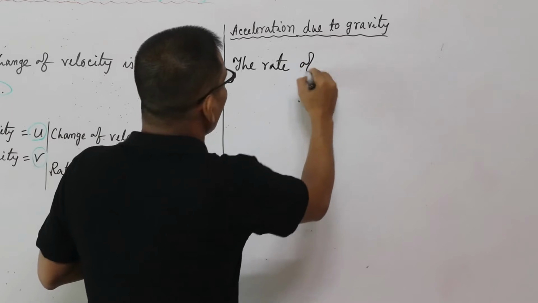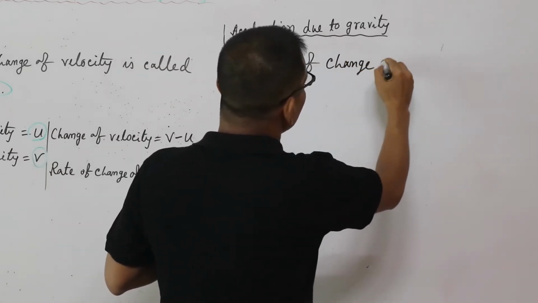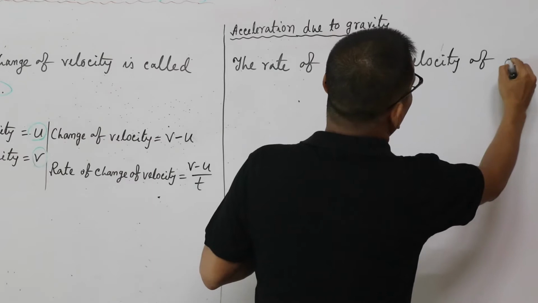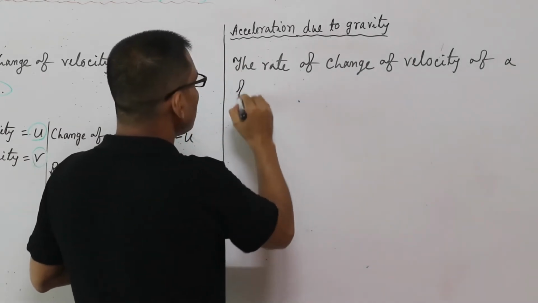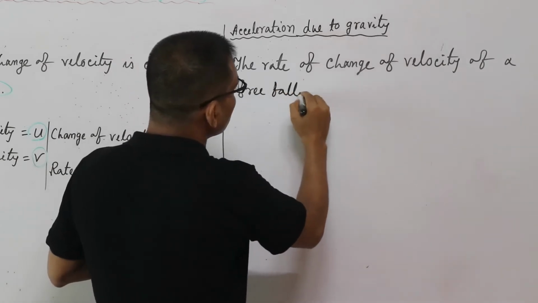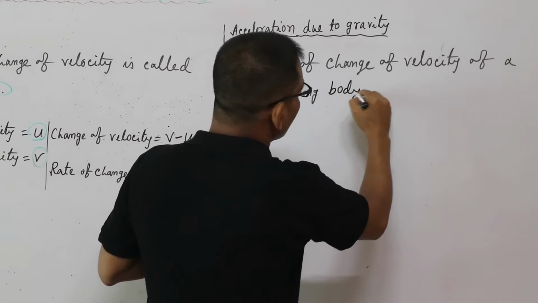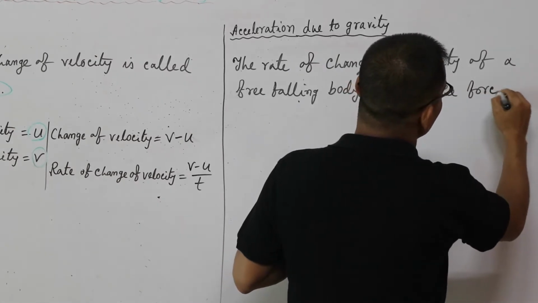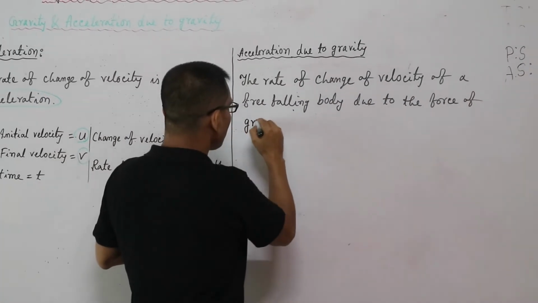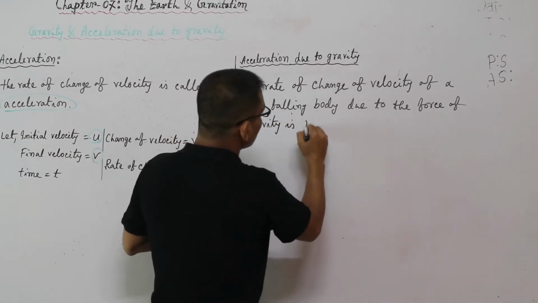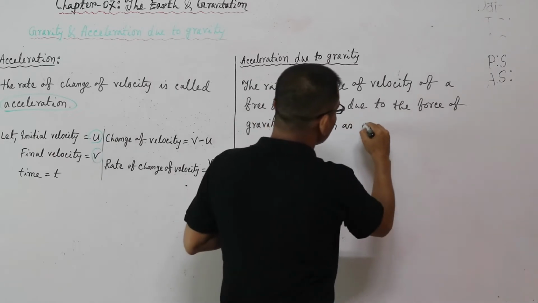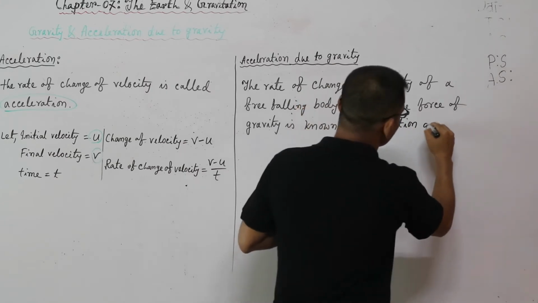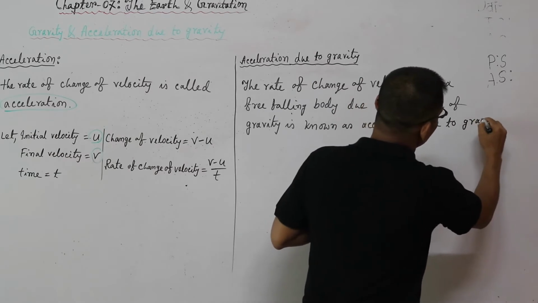Now the rate of change of velocity of a free falling body due to the force of gravity is known as acceleration due to gravity.